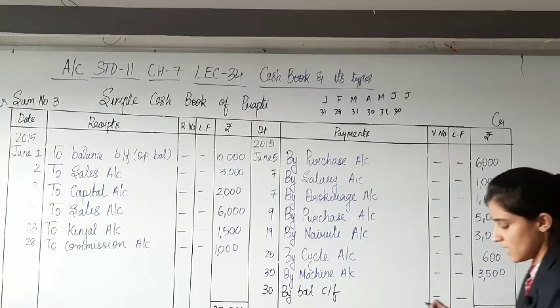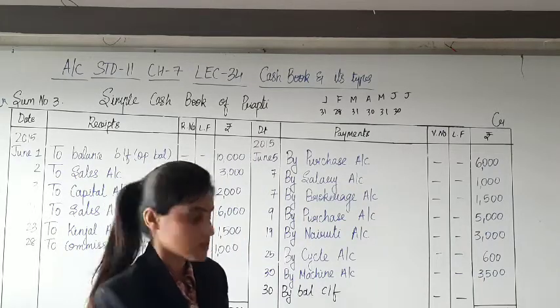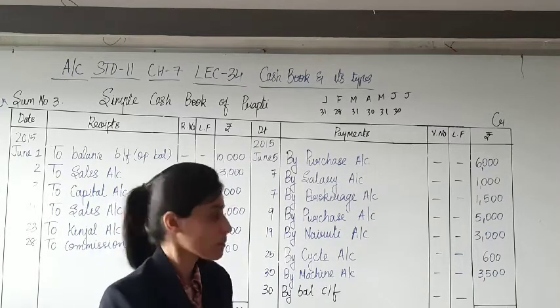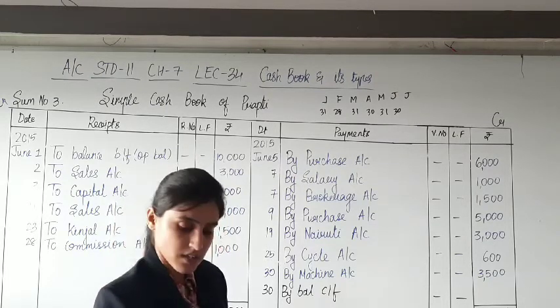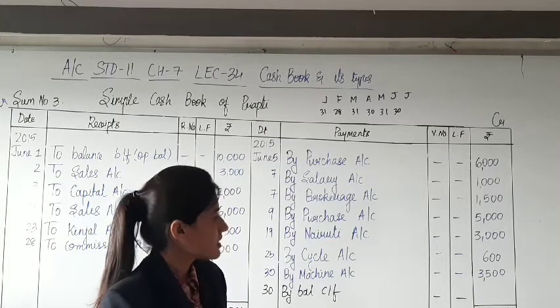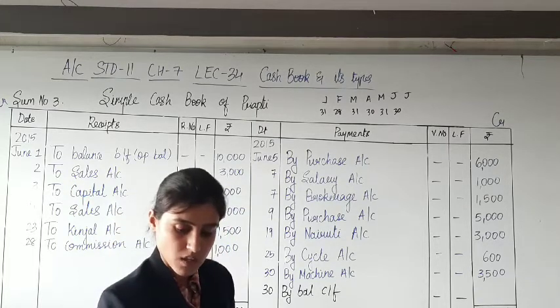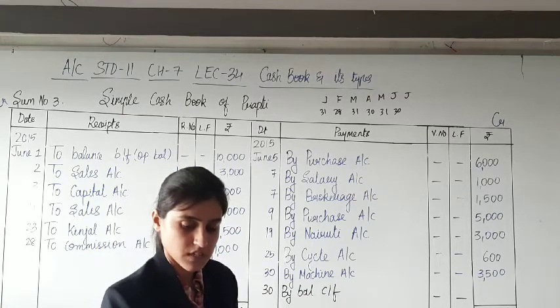23,500 less 6,000, 1,000, 1,500, then 5,000, then 3,000, 600, 3,500.